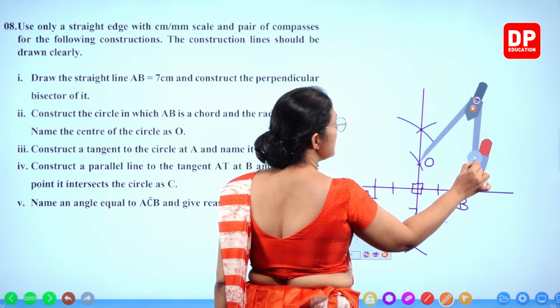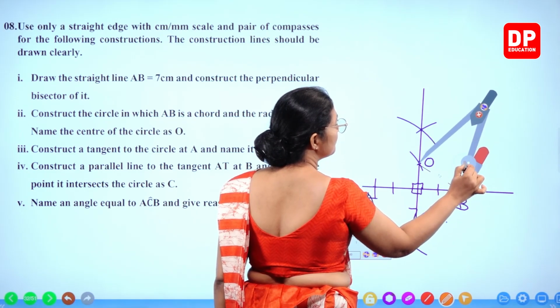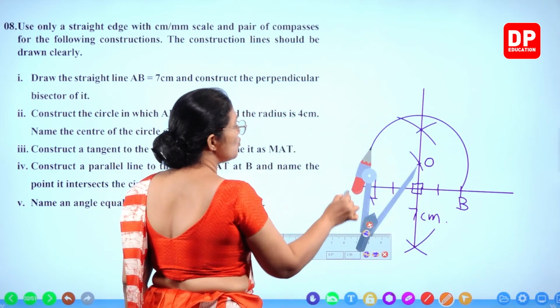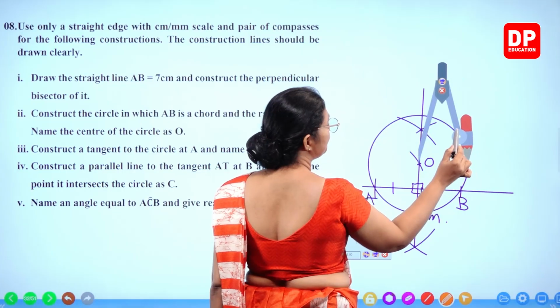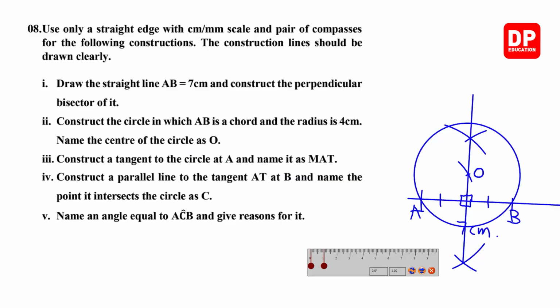That's 4 centimeter length. So when you draw the circle, it should pass through point A as well. So this is the circle with center O.